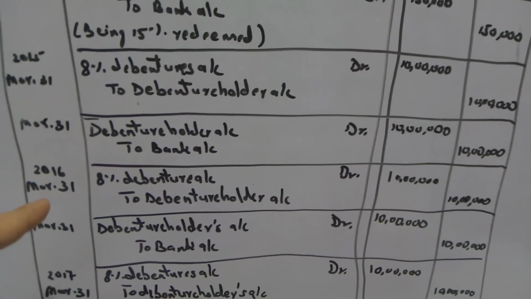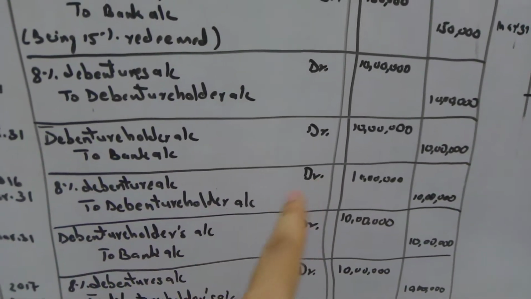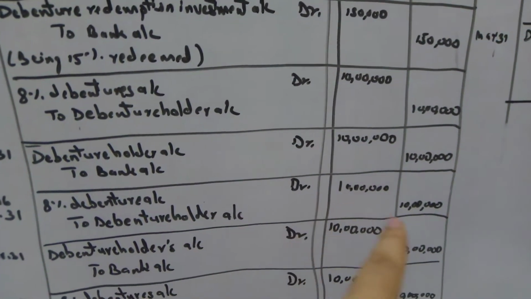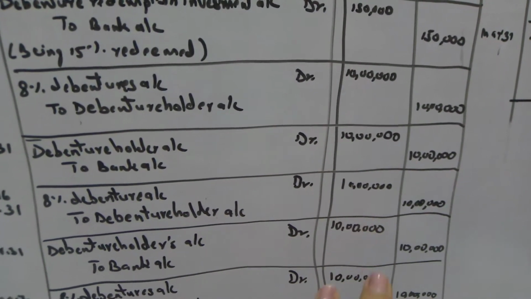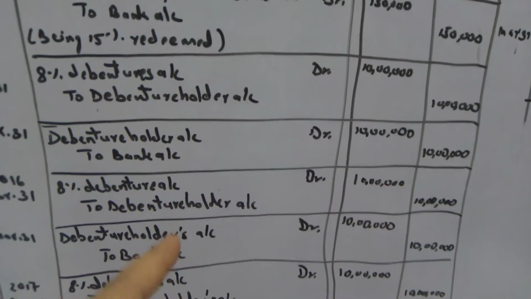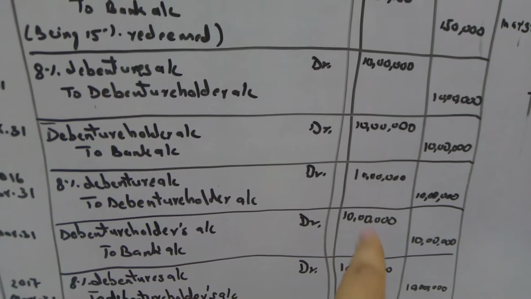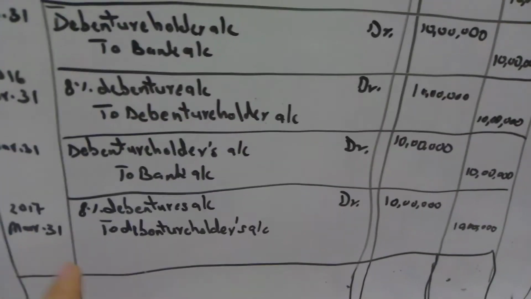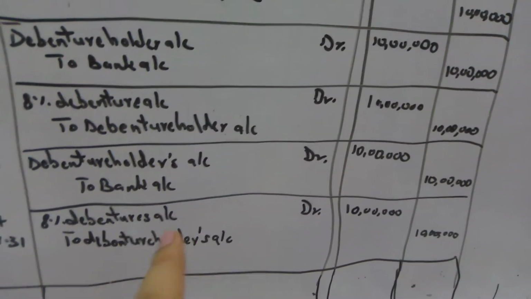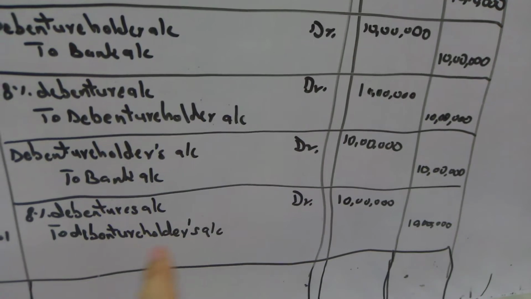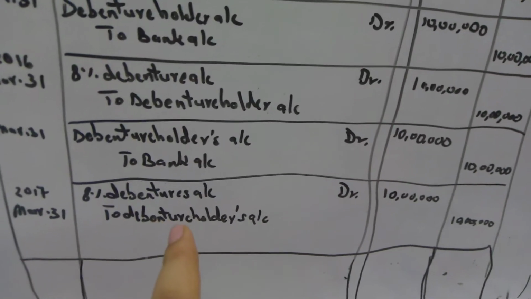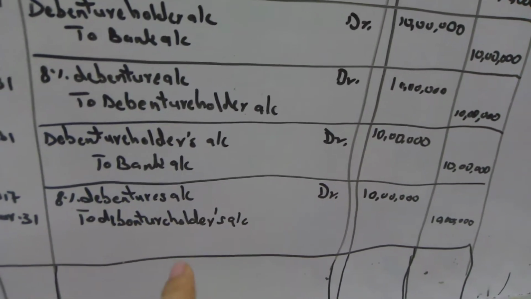Then in second year 2016, 8% debentures account debited to debenture holders account, the same amount 10 lakhs, because every year 10 lakh you have to repay, right? That 10 lakh has to be redeemed. Then on 31st March debenture holders account debited to bank account, 10 lakhs paid off. Then in 2017 again the same entry, 8% debentures account debited to debenture holders account being amount due for redemption.